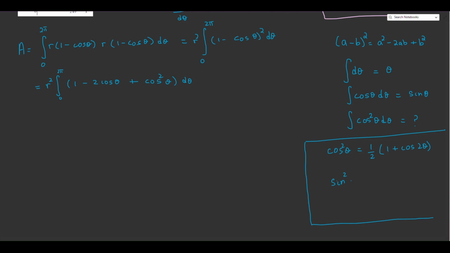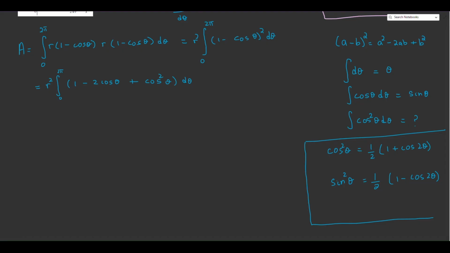I will write this here because sometimes you also have to use this thing. Sine squared theta will be equal to half of 1 minus cosine of 2 theta.